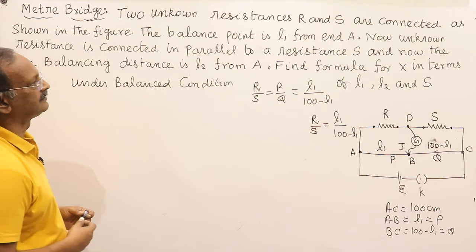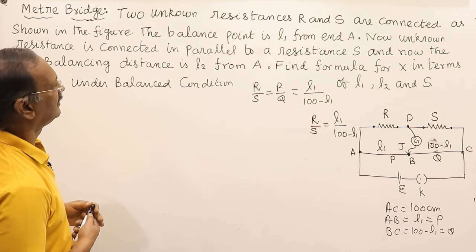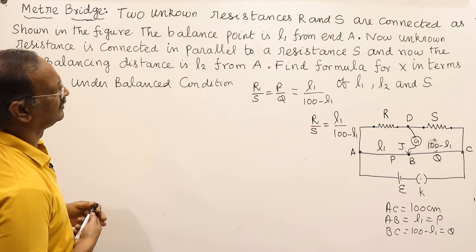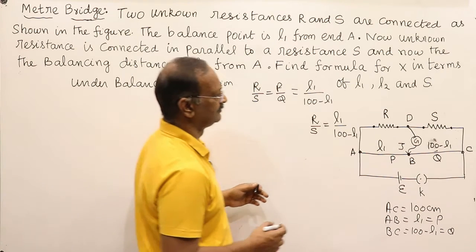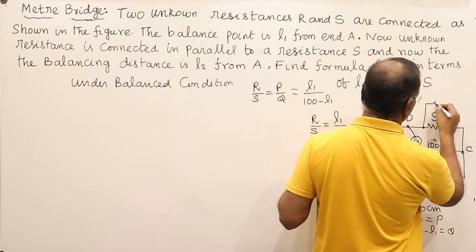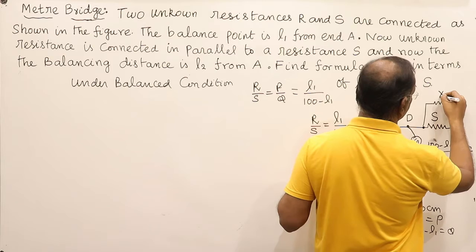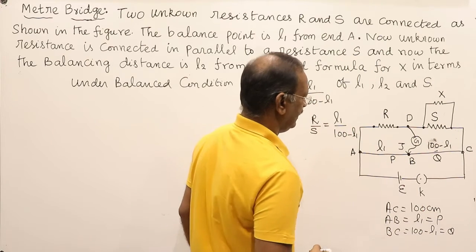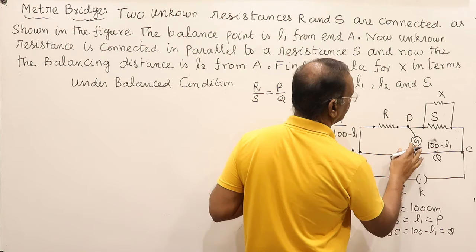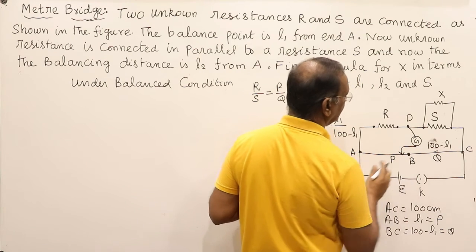Now the second condition: an unknown resistance, we call it X, is connected in parallel to resistance S. Obviously the balance point will shift.